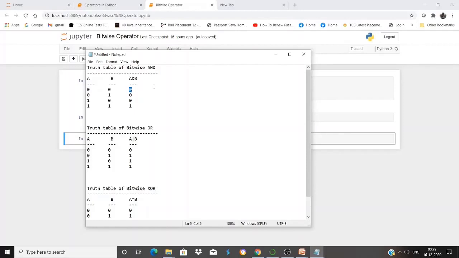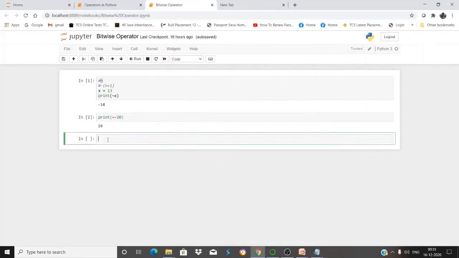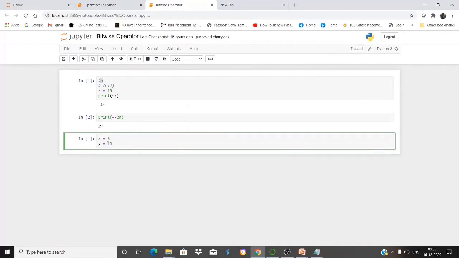So let's look at a practical example of bitwise AND operation. Let's say we have a variable x, the value of which is 8, and another variable y, the value of which is 10. If we apply the bitwise AND operator on these two variables, it will first convert these two decimal numbers into their binary forms.